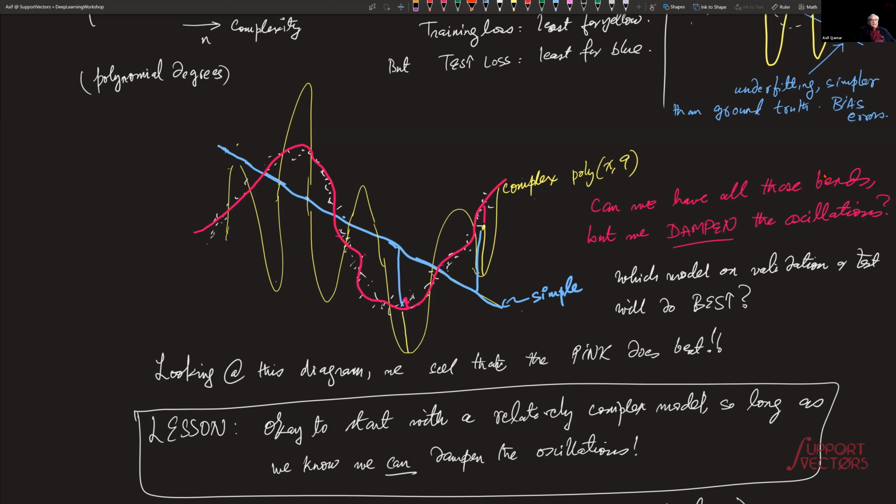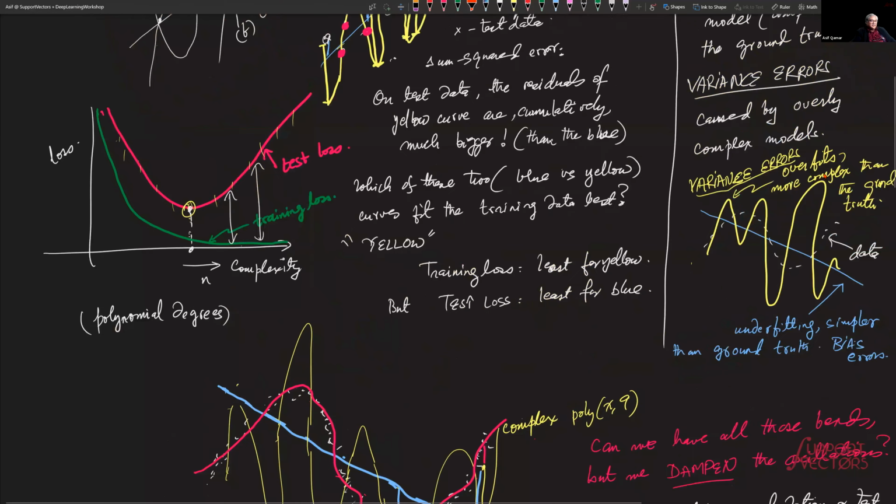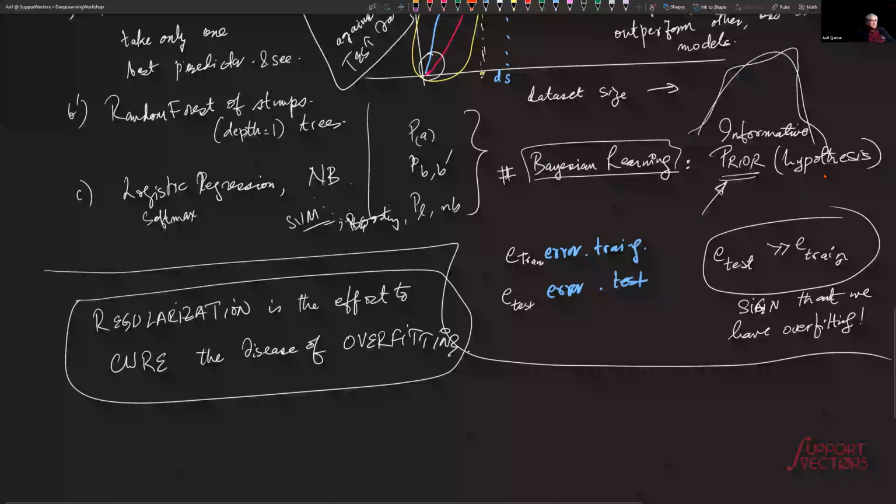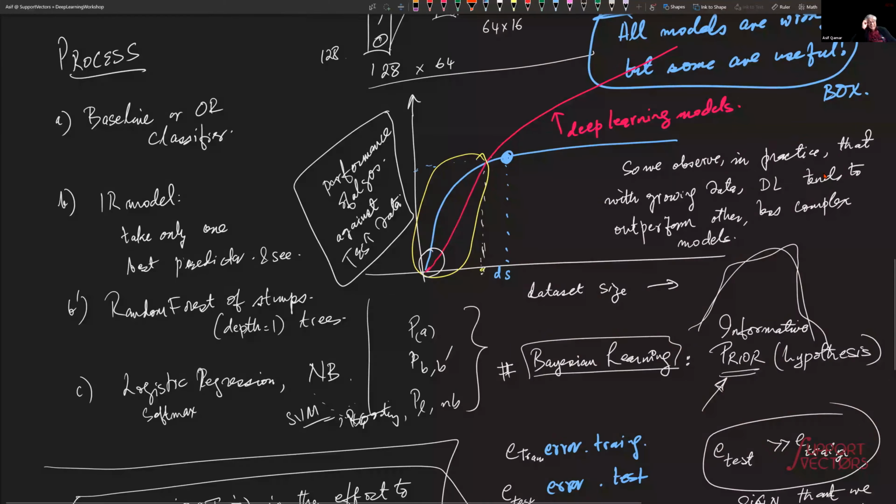Generally speaking, there are two choices. You start with very simple models, like I do in practical terms. I start with very simple models, but I know that with very simple models, it is likely that I have underfit. So I go through the process of dialing up the complexity. And at the end of it, when I take complex models, I regularize them.